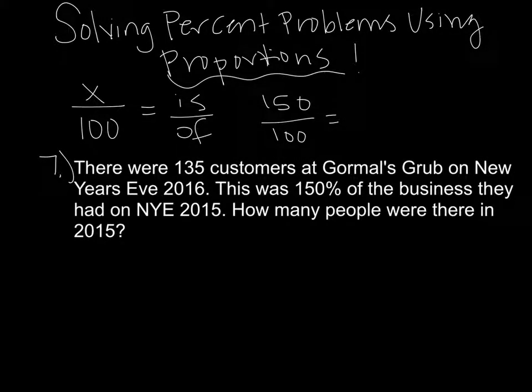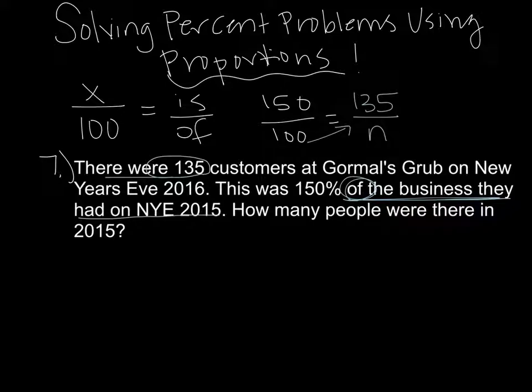So let's look for what we don't know. Of the business they had on New Year's Eve 2015, how many people were there then? We don't know how many people there were in 2015. That's our of. Our of is our n. We do know the is. There were 135.